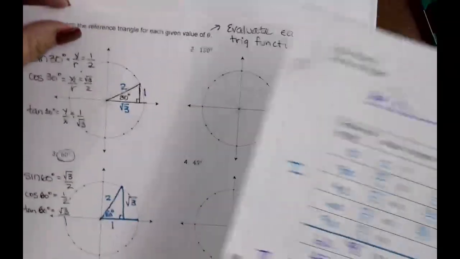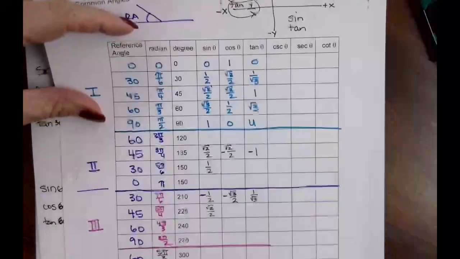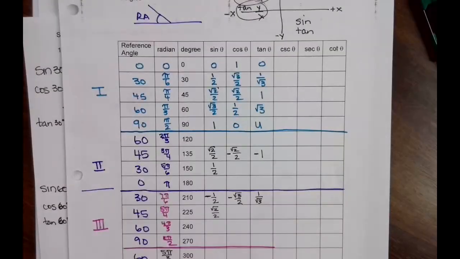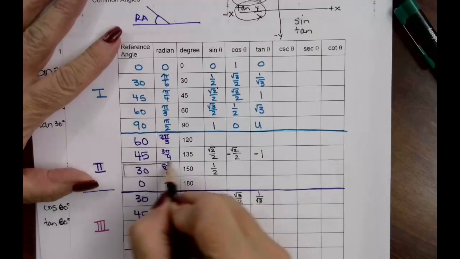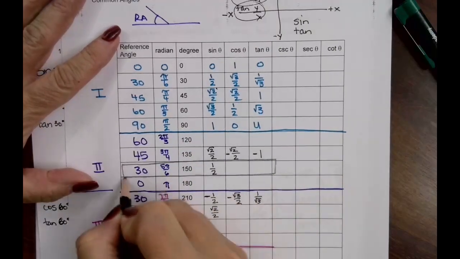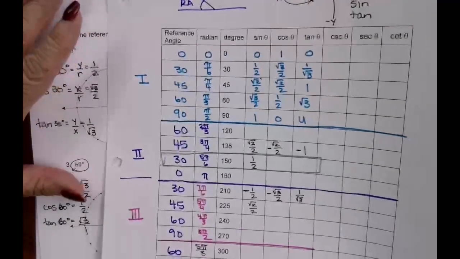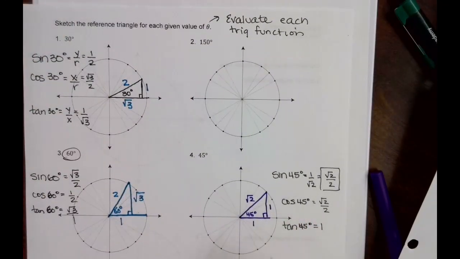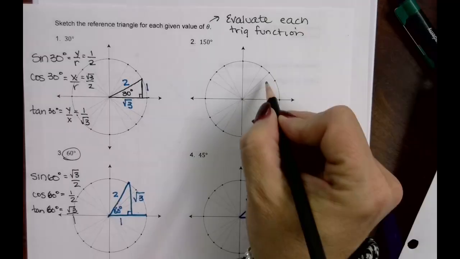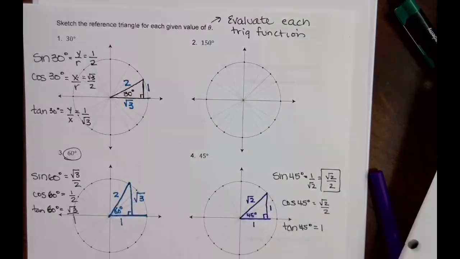Okay, so let's prove this now. Let's look at our last graph, and our last graph is 150. So my last graph of 150 is going to be this guy right here. If I want to know my angle of 150, let me use my colored pen.